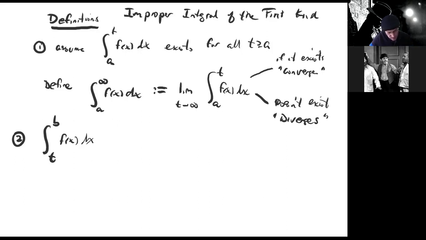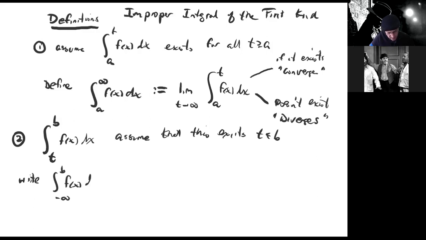So in this case we've got to assume that the integral from t to b of f of x dx exists for all t less than or equal to b, and then we'll write the integral from minus infinity to b of f of x dx is equal, this is the definition, to the limit as t goes to minus infinity of the integral from t to b of f of x dx.